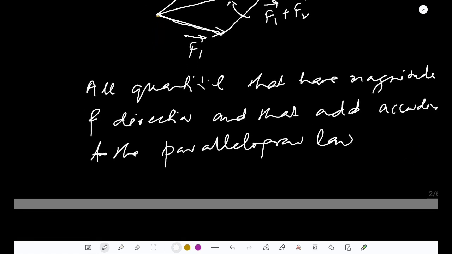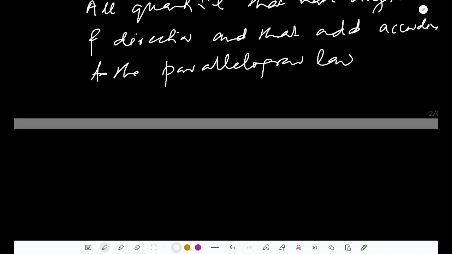And you may ask one question: don't all quantities having magnitude and direction combine according to the parallelogram law and therefore become vector quantities? Did you hear the question?